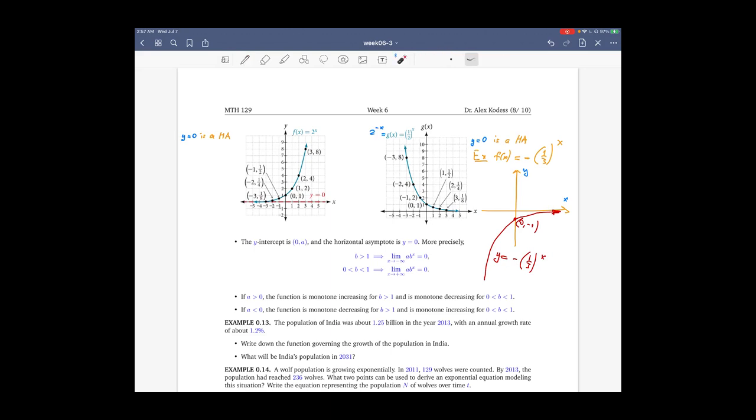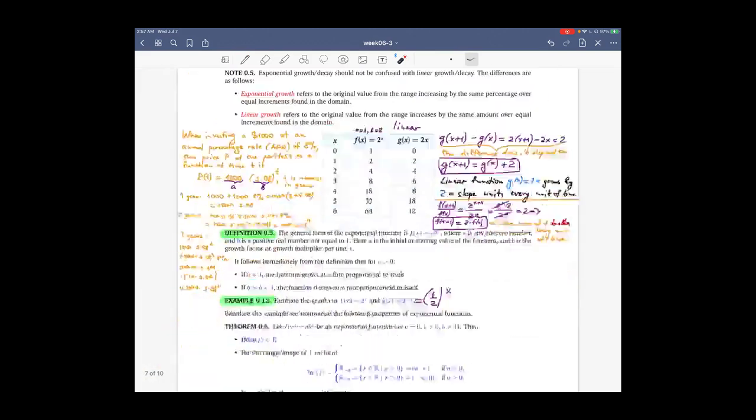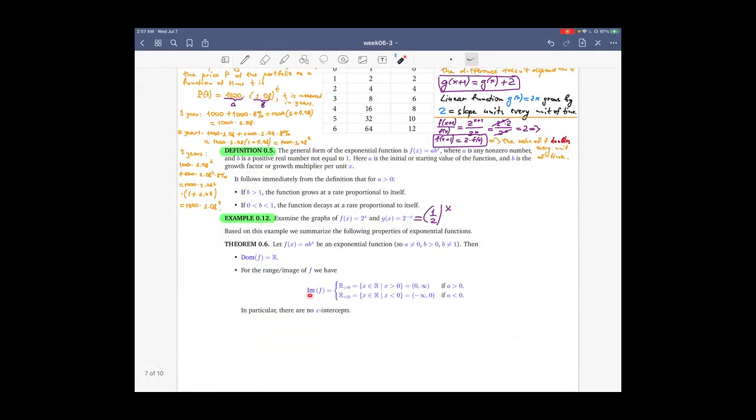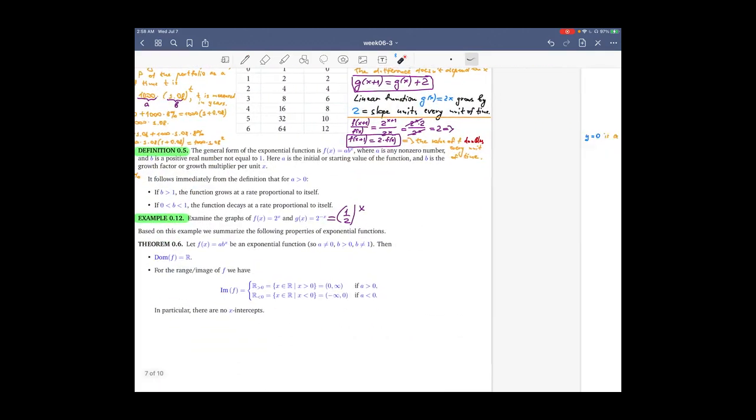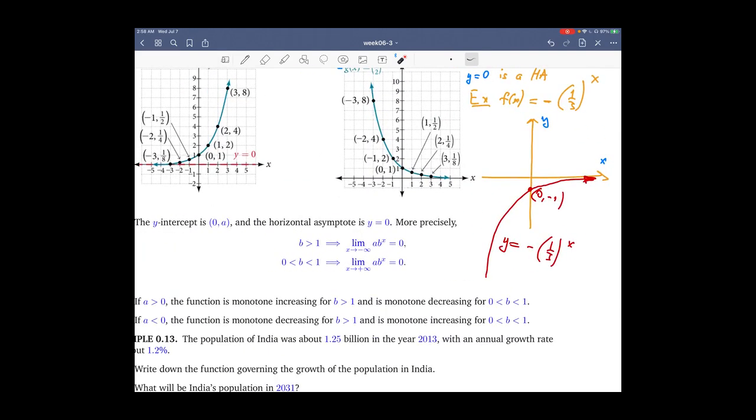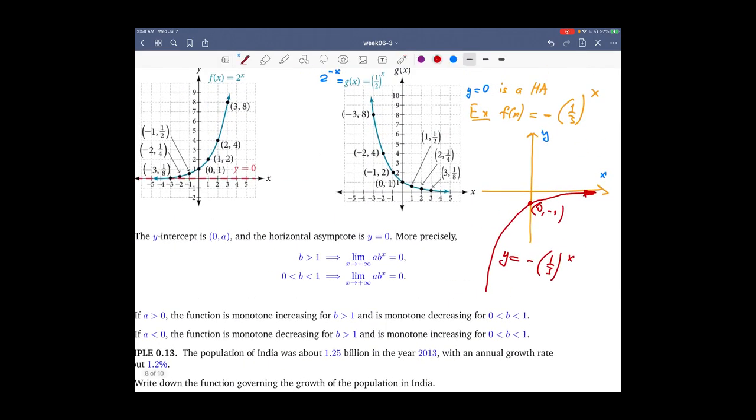And you can see that what we said before about the image is indeed true. The image of this function is the entire set of negative real numbers, the interval from -infinity to 0. That's clear from the picture.